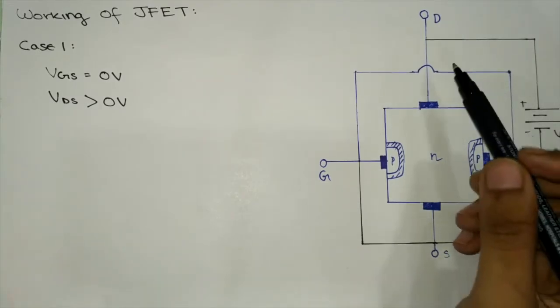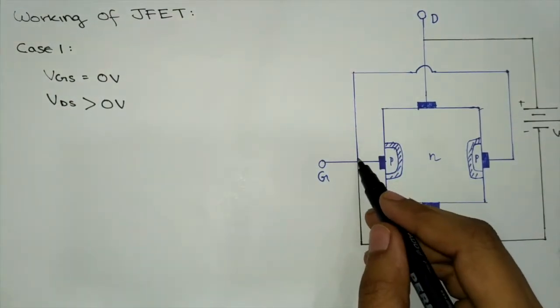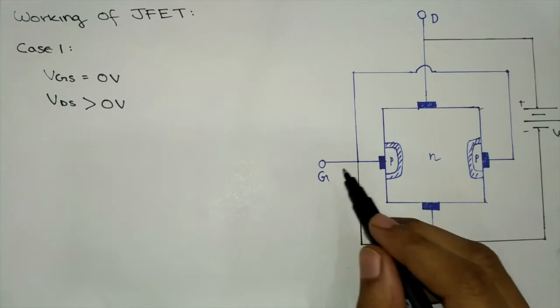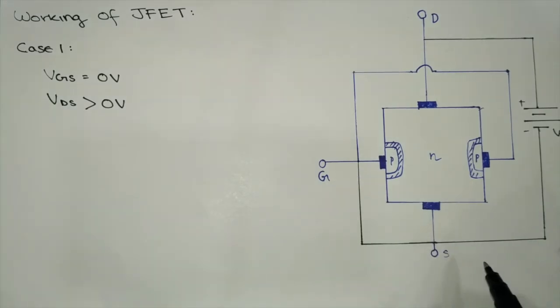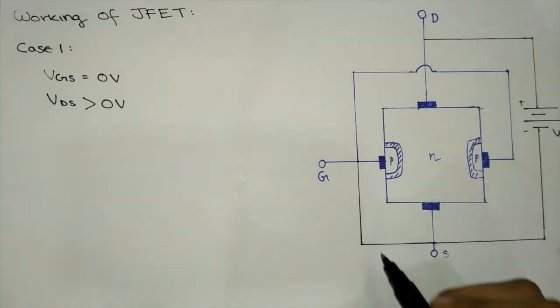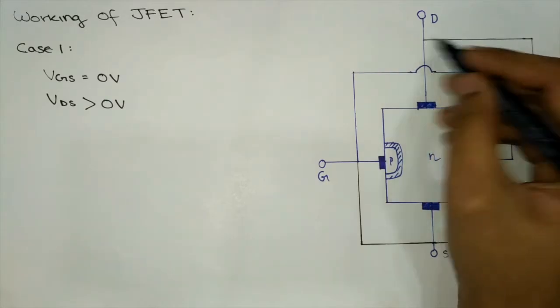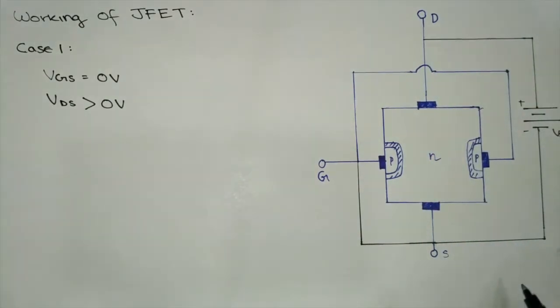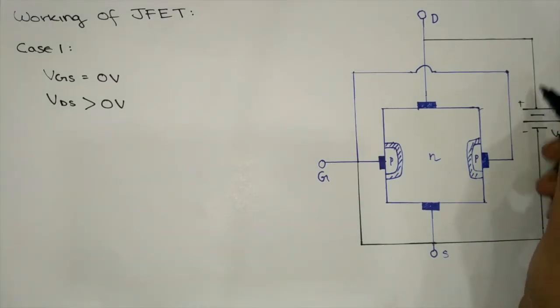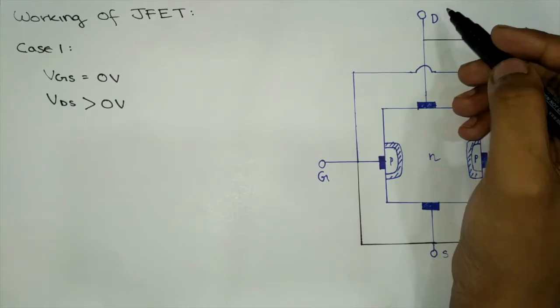So, in this, to maintain the condition, the gate and the source terminals are shorted. So both have a potential of 0, and the terminals D and S are connected to a potential VDD, which has a positive polarity towards the drain terminal.